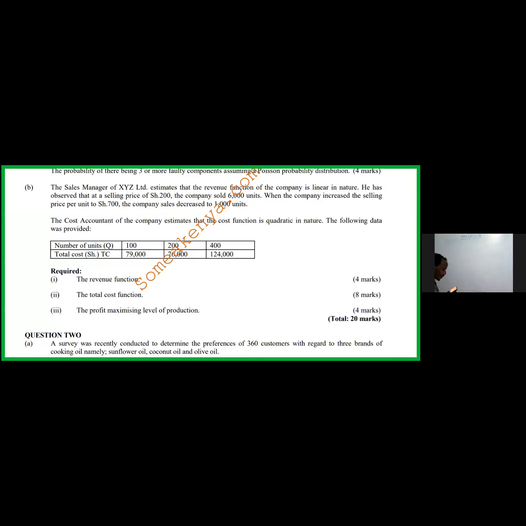The sales manager of XYZ Ltd estimates that the revenue function of the company is linear. Now, this one is the same as the other question, because they have already said the revenue function is linear. He has observed that the selling price is 220 when the company sells 6,000 units.